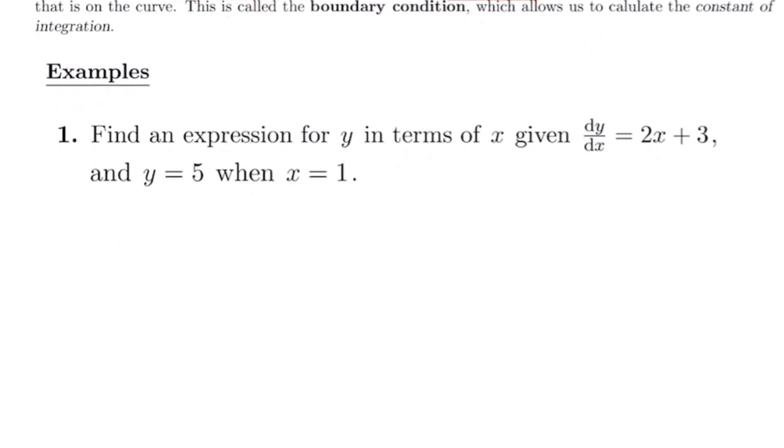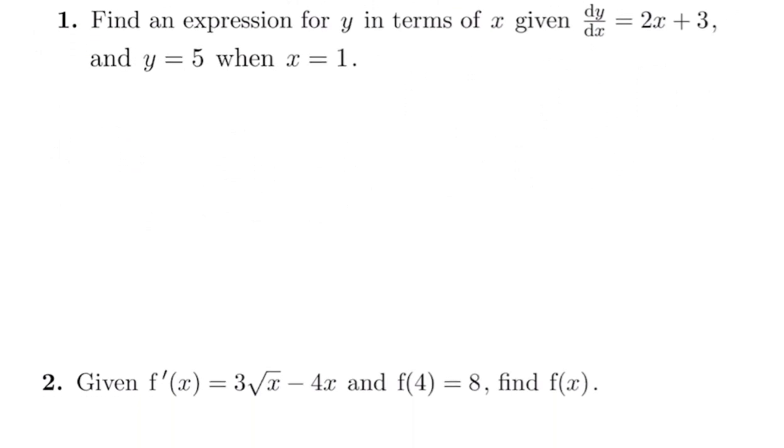So the first example: find an expression for y in terms of x, given that dy/dx equals 2x plus 3 and y equals 5 when x equals 1. First we write down dy/dx equals 2x plus 3, our gradient function.